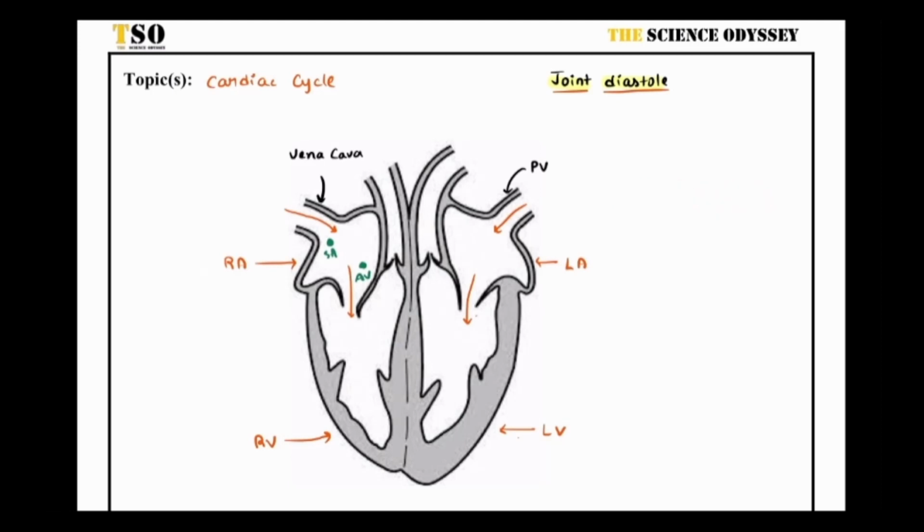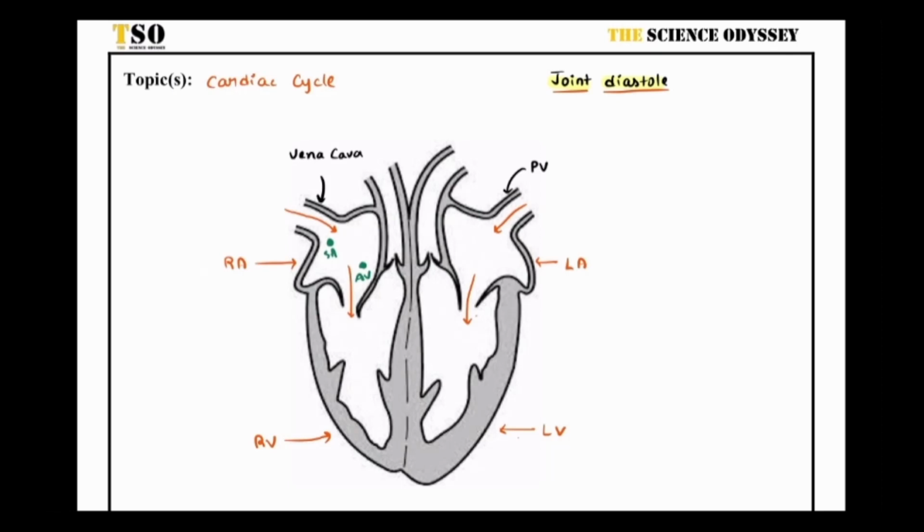So these are tissue fibers that are present on the heart, and the bundle of His bifurcates into something which is called the Purkinje fibers. And the action potentials travel through the bundle of His, through the Purkinje fibers, to the rest of the heart. And that is how the heart starts to beat.